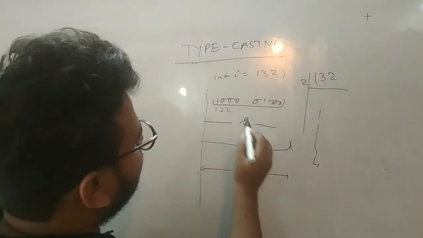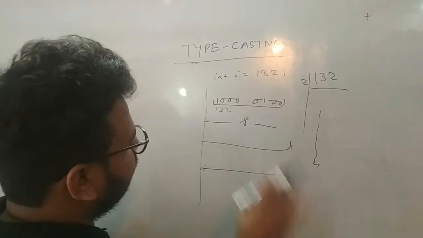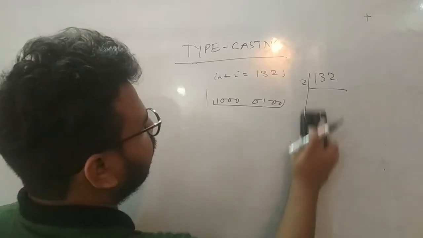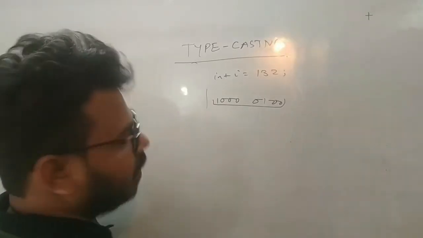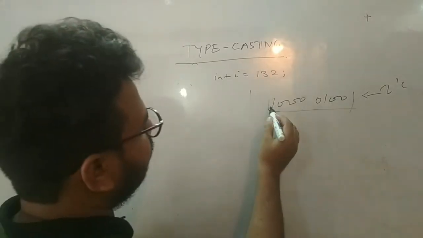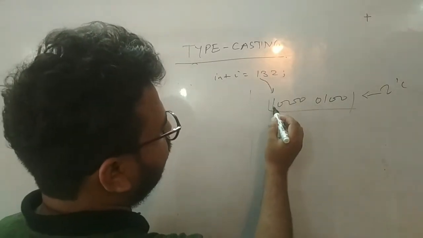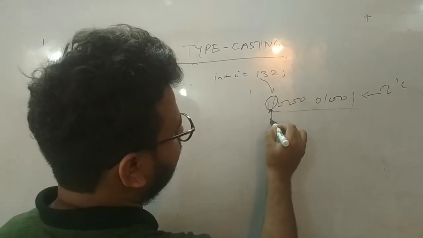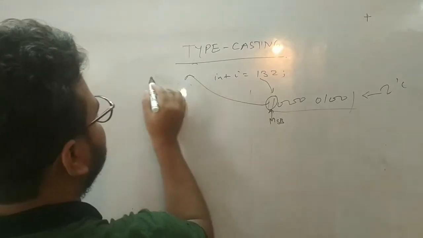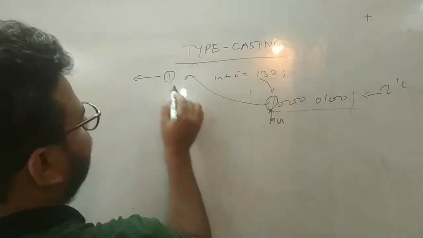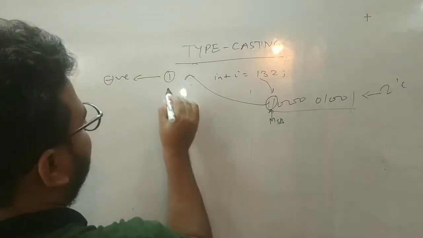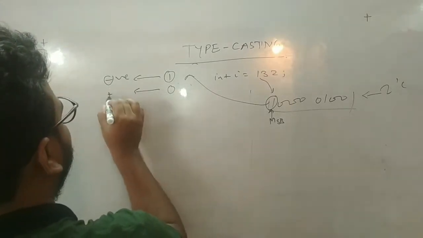Now what is 132? What we see here is the binary value of 132. Here in case of 132, while converting to binary, we have this most significant bit as 1. As I already told you, if this most significant bit is 1, then we are going to have a negative number, and if it is 0, we are going to have a positive number.